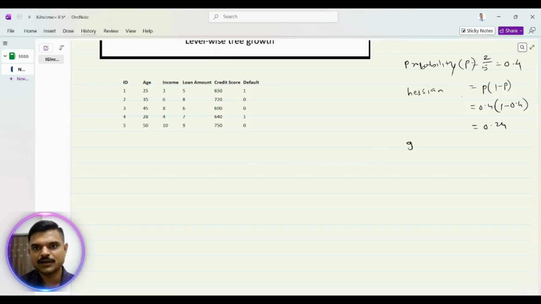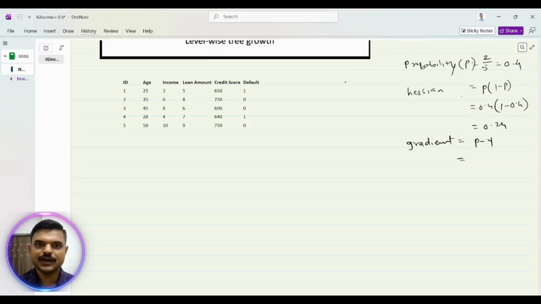And after that, the formula of the gradient is probability minus the actual value.